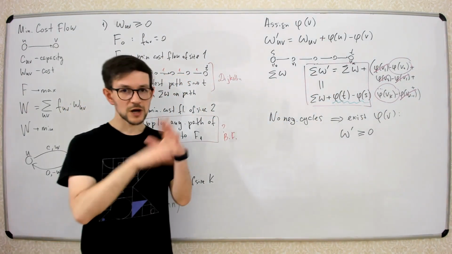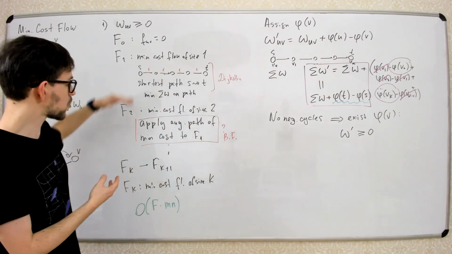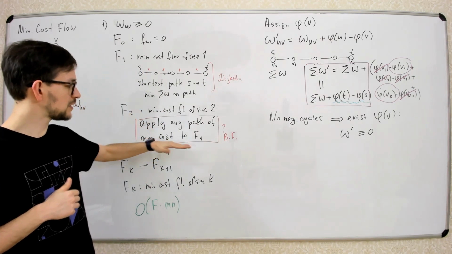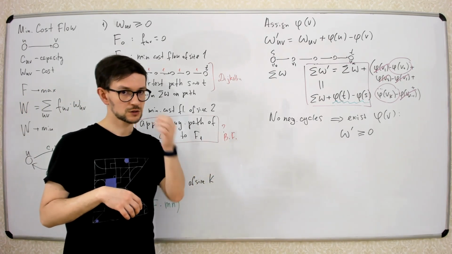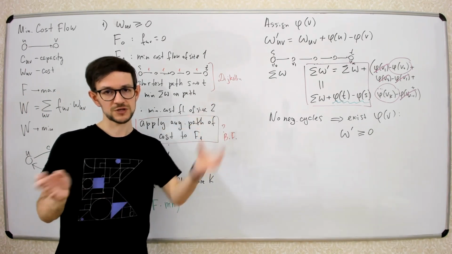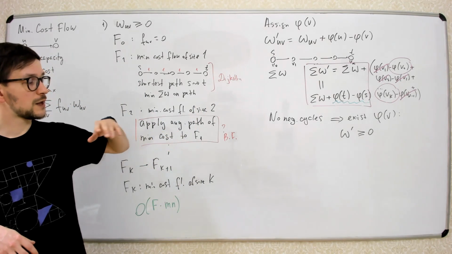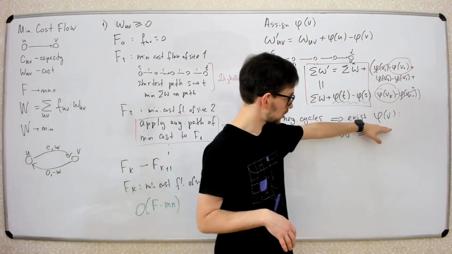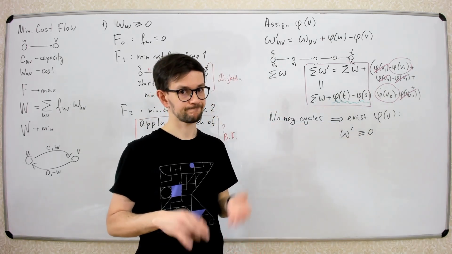We don't have any negative cycles in our graph, and at any point we don't have any negative cycles. Even in this residual network, we have some negative edges, but we never have negative cycles, because if you had a negative cycle, you could push the liquid through this cycle and decrease the total weight again. And the point is, if you don't have negative cycles, you can always find the potentials which will eliminate all the negative edges in your graph.